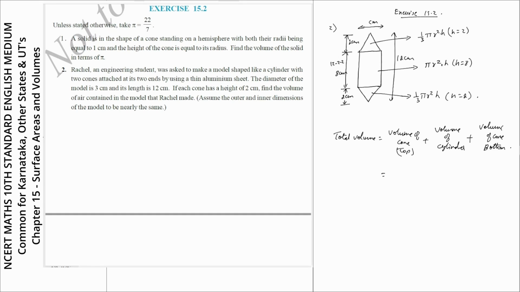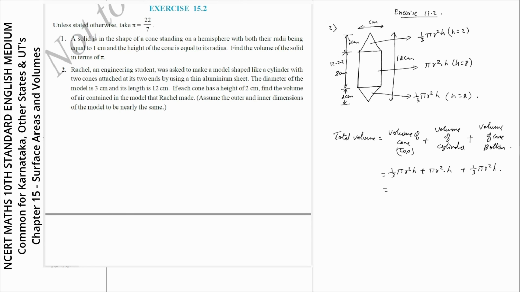So now substitute. Volume of cone is 1/3 pi r square h plus volume of cylinder is pi r square into h plus volume of cone in the bottom is 1/3 pi r square h.